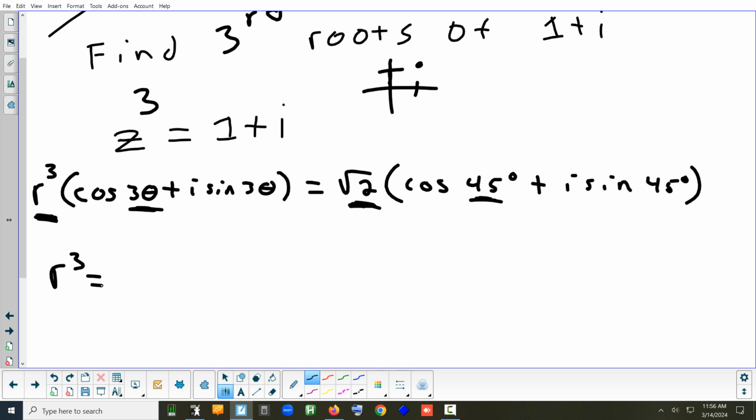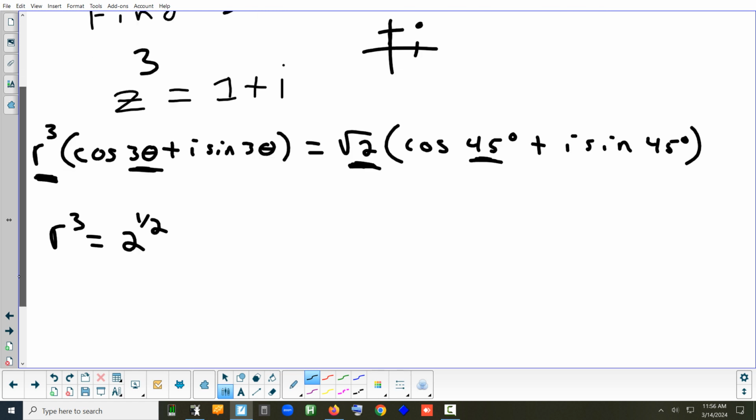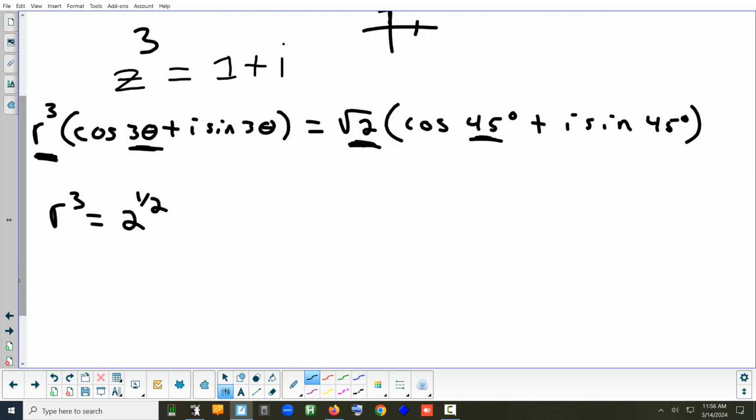And if you want to write the square root of 2 without the square root symbol, it's 2 to what power? 1/2. And now, what could you raise each side to get rid of this 3? 1/3. Which would put it up to the 1/6.